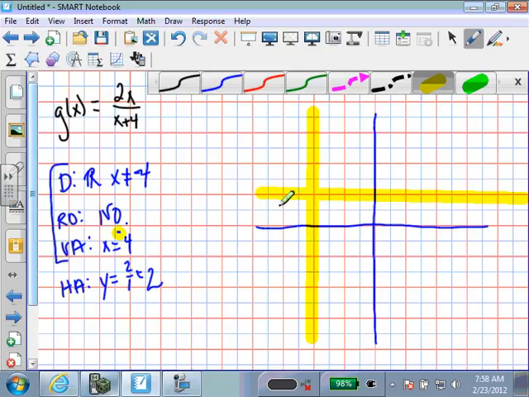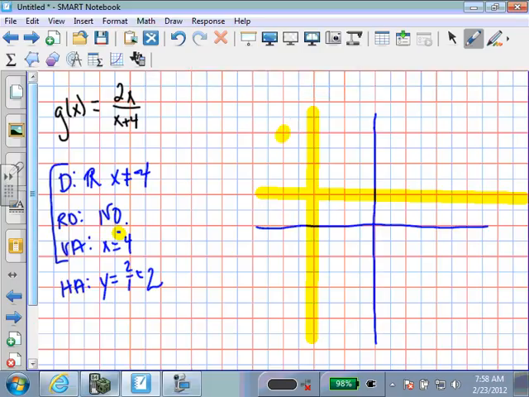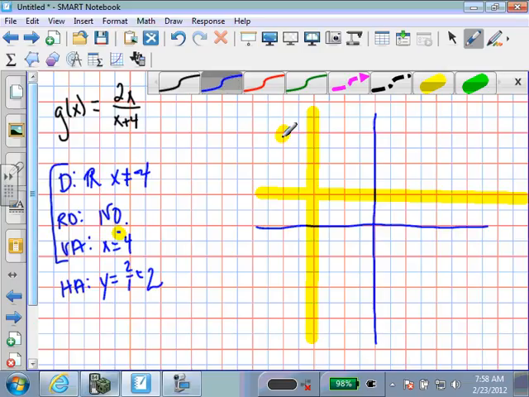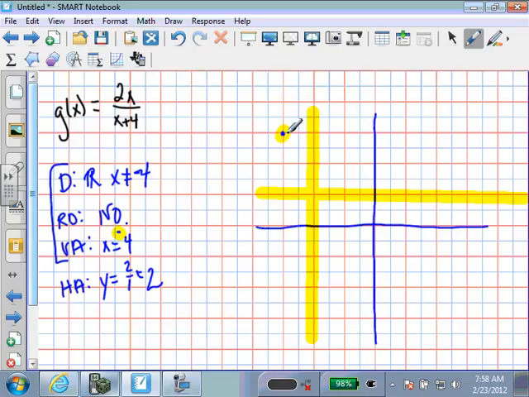Negative 6 is 2, 4, 6. And negative 5 is 10, 2, 4, 6, 8, 10. And I can remember negative 7 was like 4.6 repeating. So that would be about here. So I can see that this one over here is going like this.